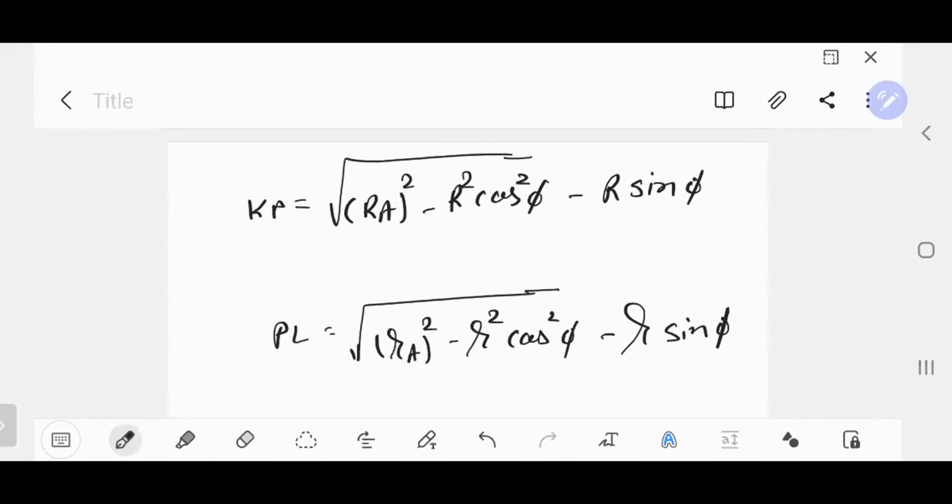Just tell me Kp is equal to and PL is equal to. Okay, very good. Parth Sudani. Very quick answer.